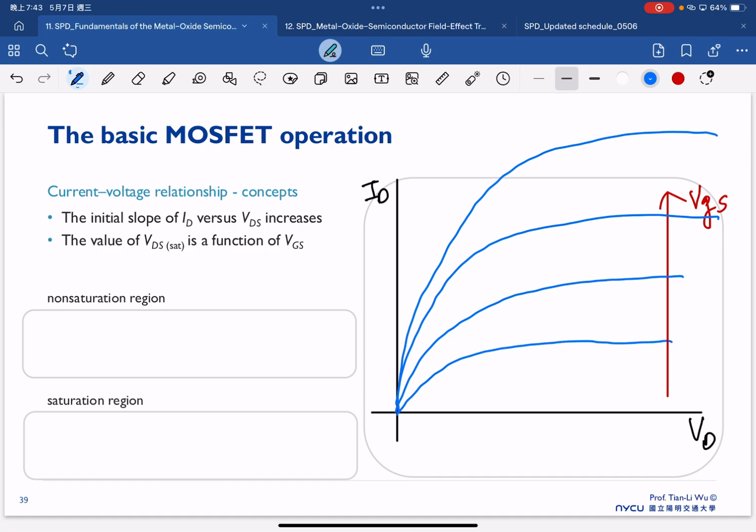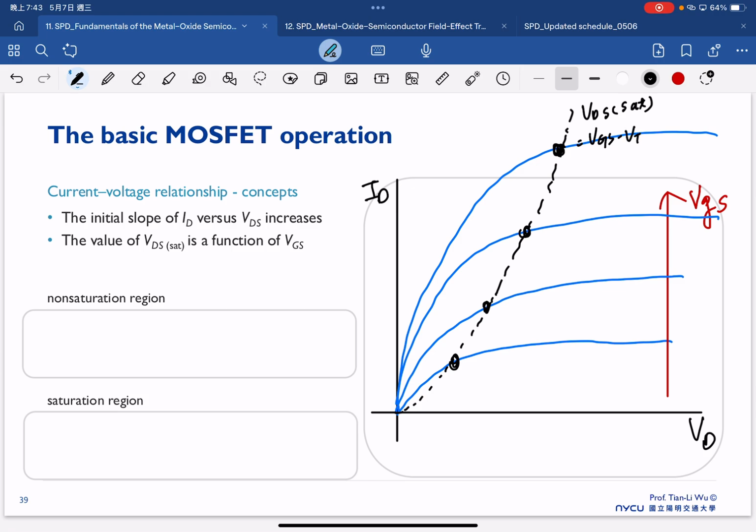So this is IDVD at a different VG, and then we can always define one point which reaches the saturation point, and this is VDS saturation equal to VGS minus VT.